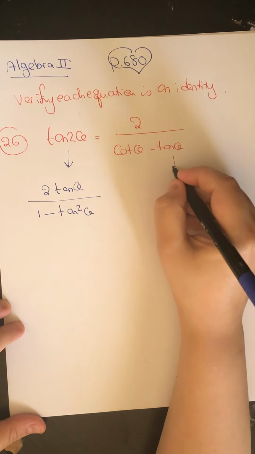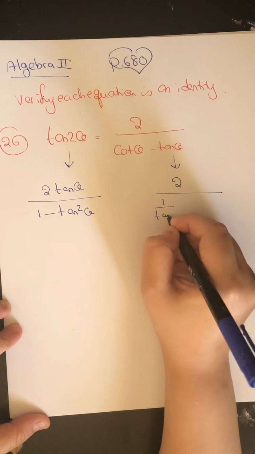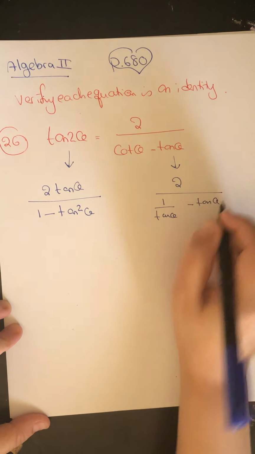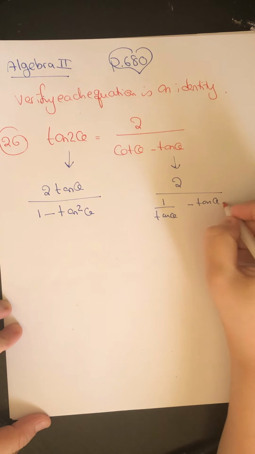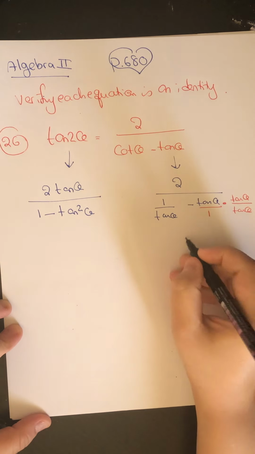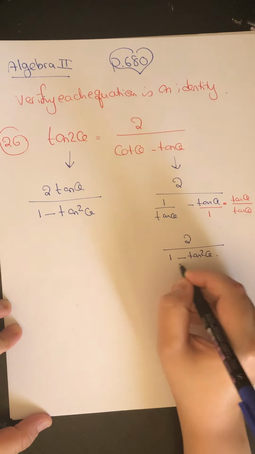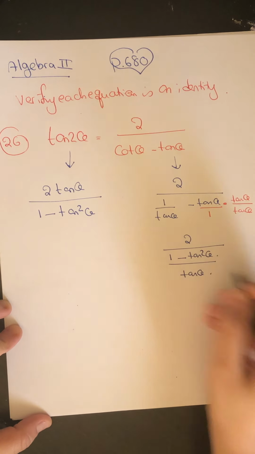Working on this side, I can say it's 2 over 1 over tan theta minus tan theta. I can multiply by tan theta over tan theta to make the denominators equal. I will reach 2 over (1 minus tan squared theta) over tan theta.